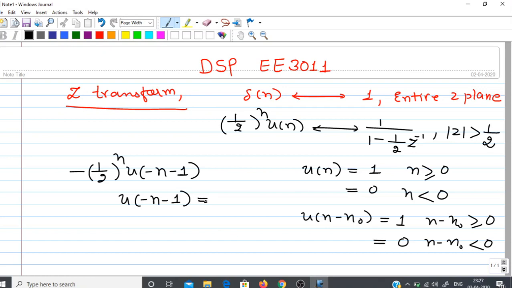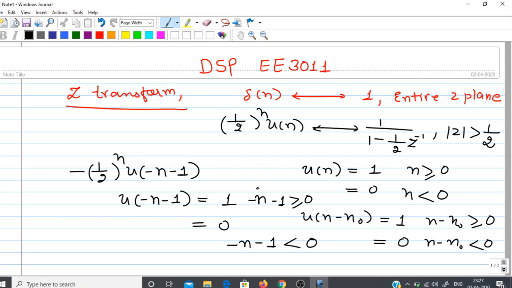So from this definition, I can write it is 1 for -n-1 greater than or equal to 0 and it is 0 for -n-1 less than 0. What I have done is take this argument -n-1 and equate the sequence to 1 for argument greater than or equal to 0, and to 0 for argument less than 0.